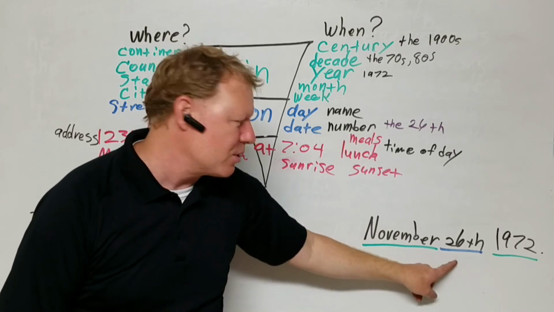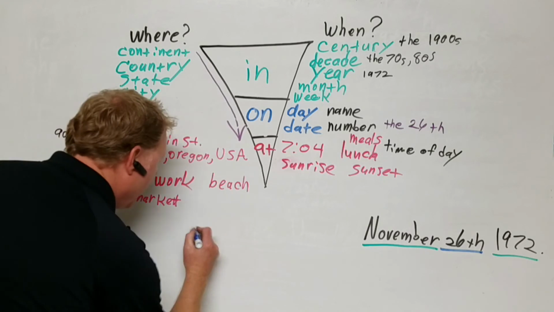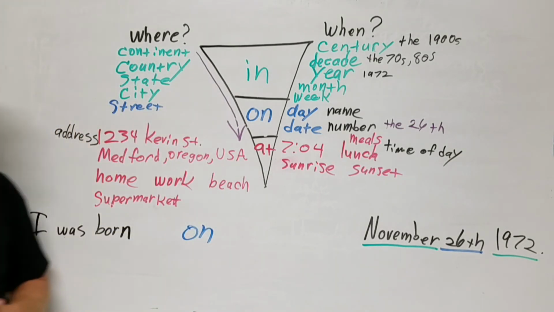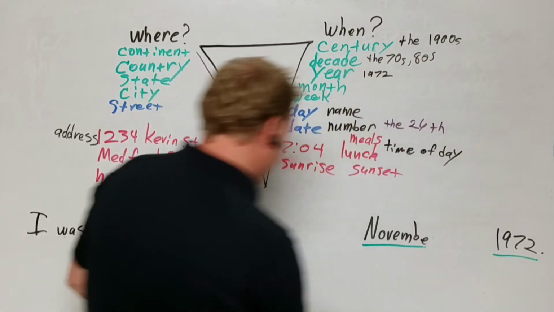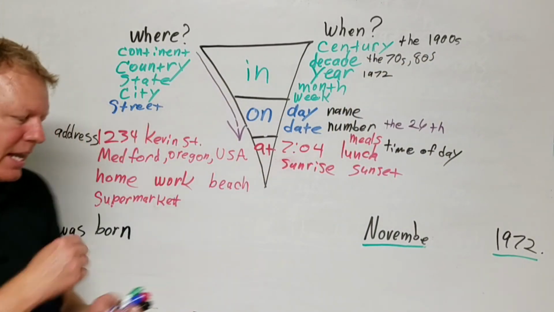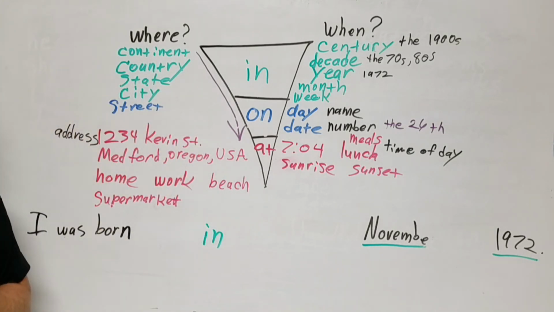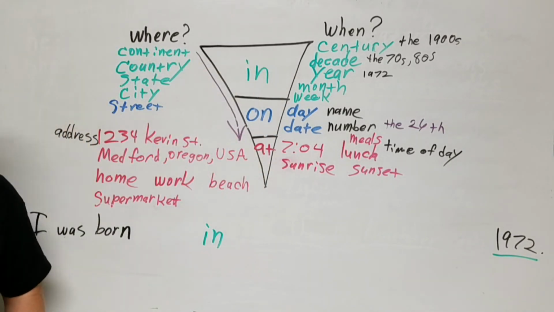Even though it's not the next word, it's still there. So I was born on November 26th, 1972. Okay? Now, obviously, let's get rid of this. I was born in November 1972. Okay? And of course, I was born in 1972.